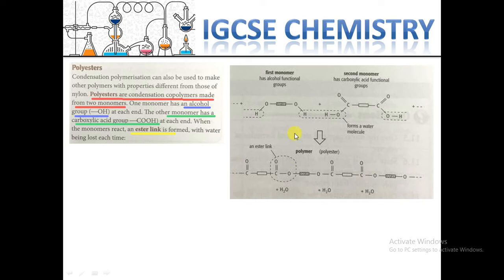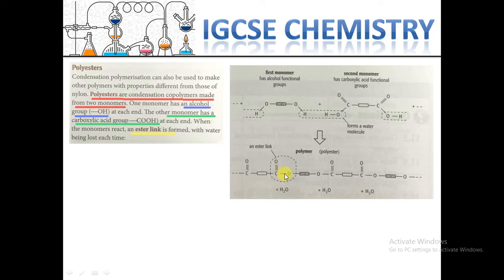This type of bond is between the oxygen from the alcohol and the carbon from the carboxylic group of the other monomer. This type of link is an ester link, between oxygen and carbon, where the carbon has a carbonyl group.